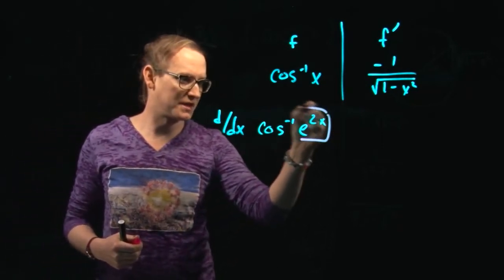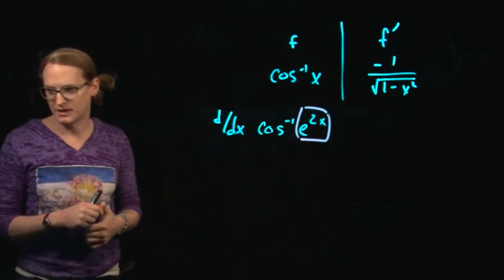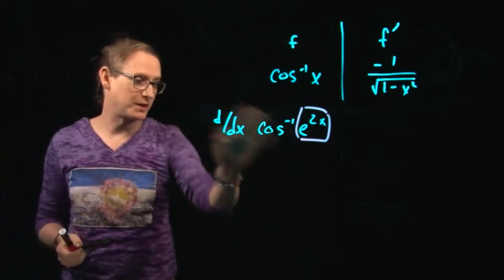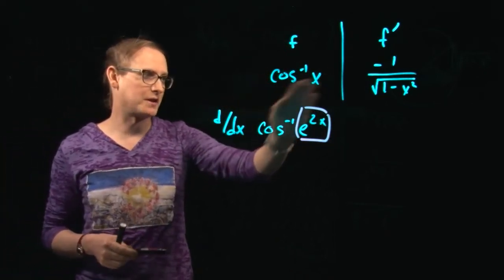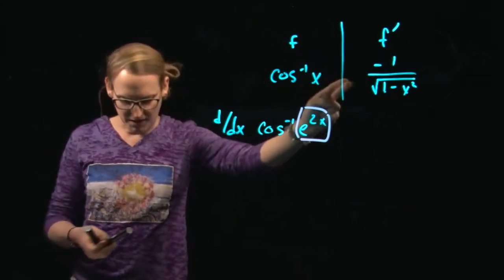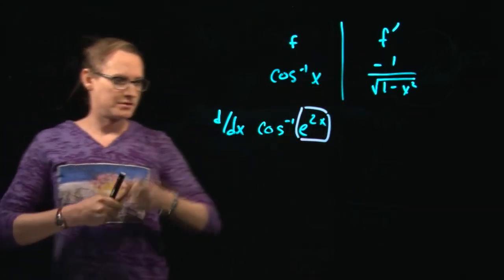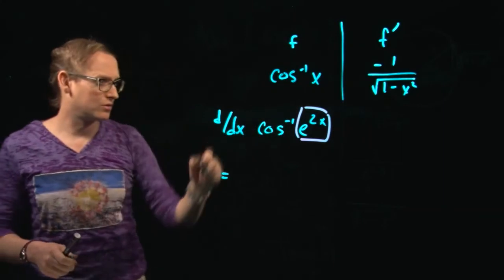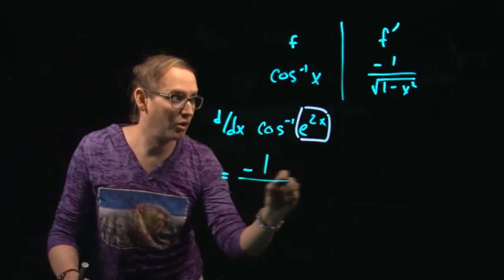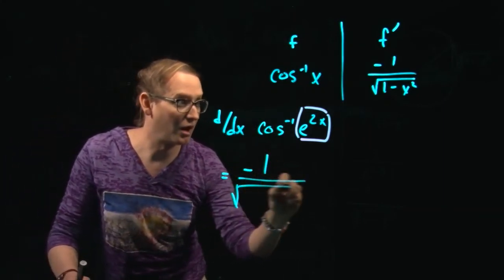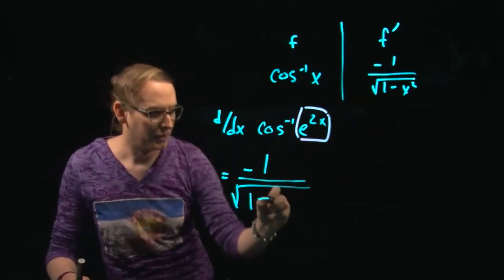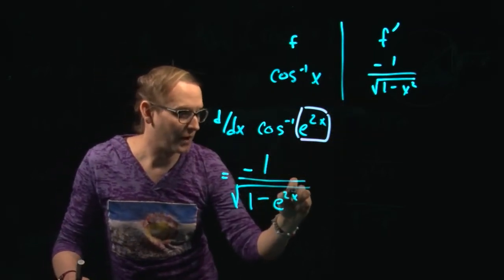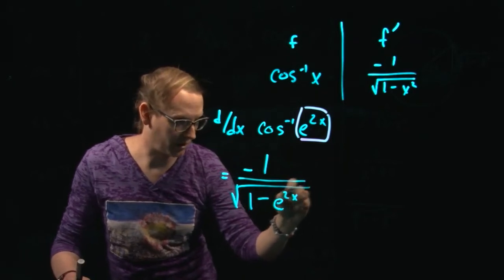I've got this inside function right here. That's the inside. Fundamentally, this function that I'm taking the derivative of looks like arc cosine of. And the derivative of arc cosine of is this thing right here. So this derivative is equal to minus 1 over the square root of 1 minus, and instead of x, I have this blob, e to the 2x, and that's squared.